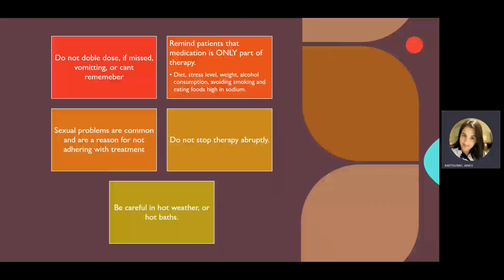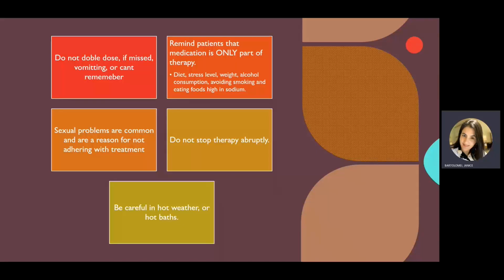You also want to tell them, hey, you should not double the doses, especially if you're vomiting. Let's say the patient took their beta blocker and then they're being sick and they vomit. You never want to double the dose. You want to consider and call the doctor and further get instructions by them.